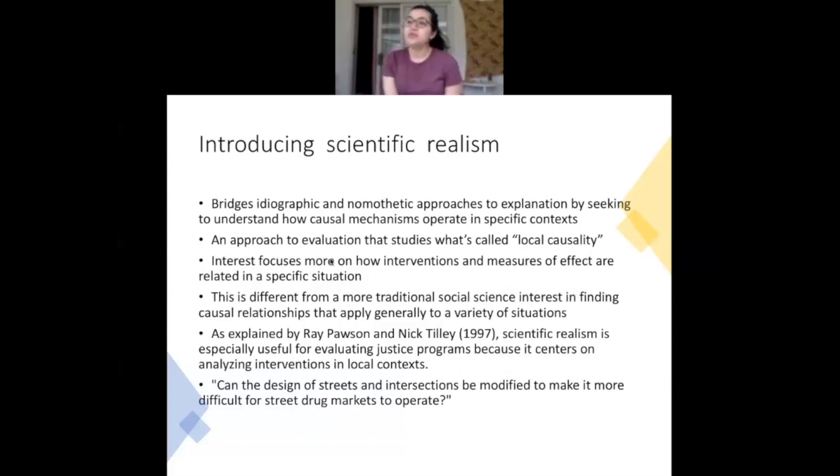Some people don't think that qualitative methods has any causal claim, and then scientific realists are sort of there to say, yes, we can say things that are causal if we're speaking within a context, and we don't need to super define causal methods in order to intervene and develop policy and programs.